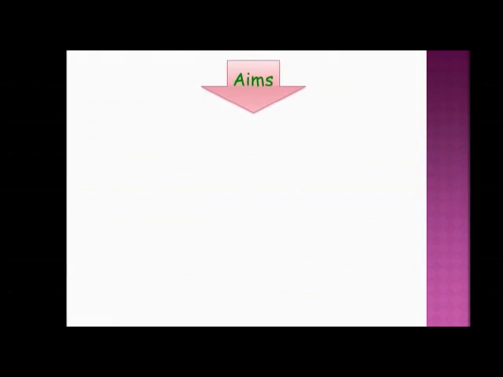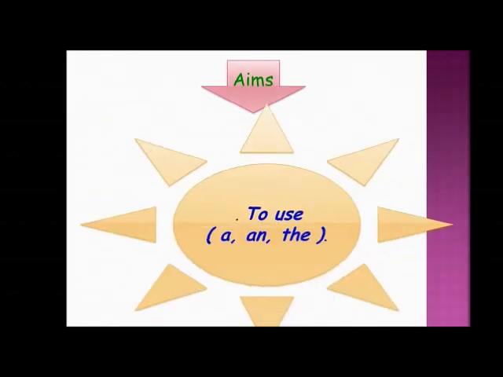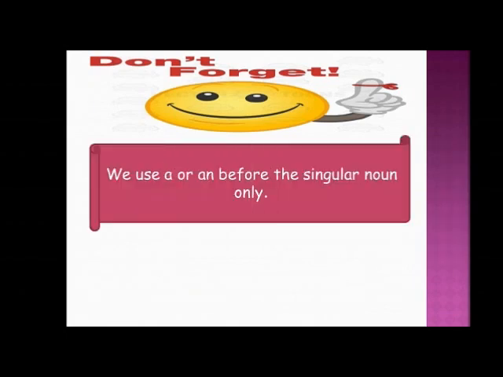Before starting our lesson, let's read our aims: to use a, an, and the. First, I want you all, my dear students in grade 5, don't forget: we use a or an before the singular noun only. So never use a or an before the plural noun.